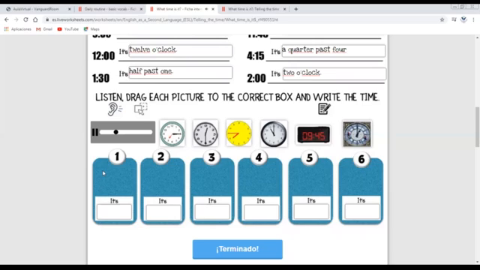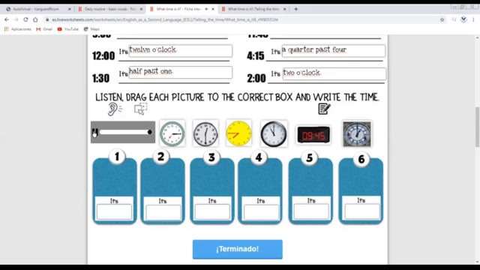It's a quarter to 10. 3. It's half past 12. 4. It's 1 o'clock. 5. It's a quarter past 7. 6. It's a quarter to 8.